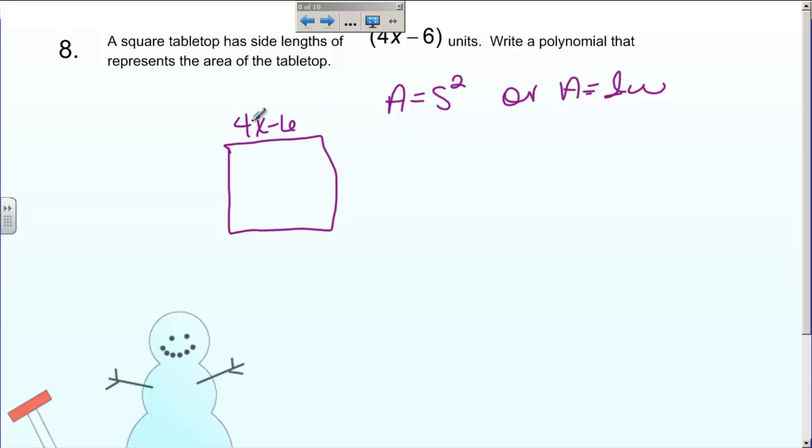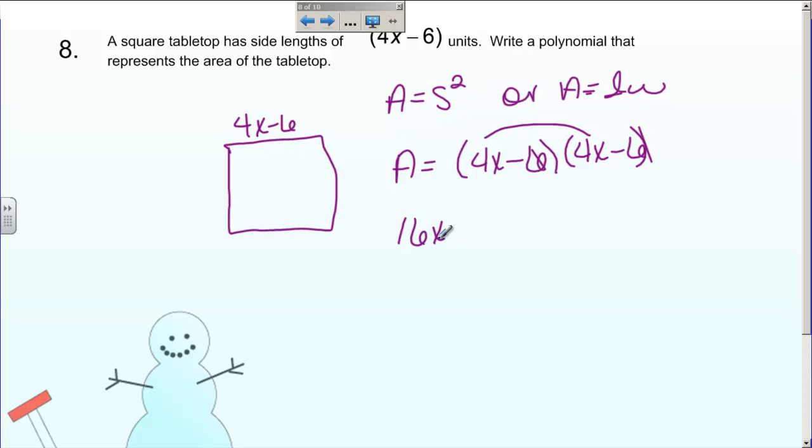But either way, I have to do 4x minus 6 times 4x minus 6. So I'm going to do this. 4x minus 6 times 4x minus 6. And I'm going to distribute just like before. So 4x times 4x is 16x squared. 4x times negative 6 is negative 24x.